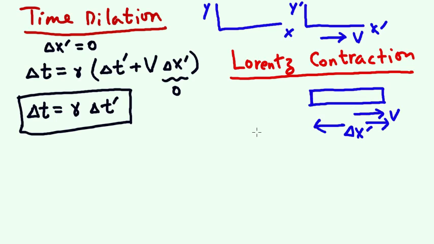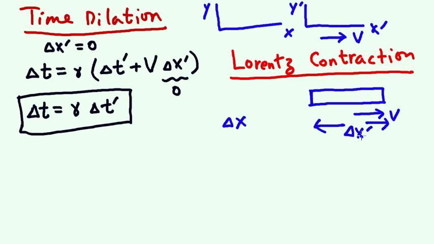So now we ask the question, what is delta x? What is the length that we perceive when we measure it in this rest frame, which is at rest relative to that moving frame?